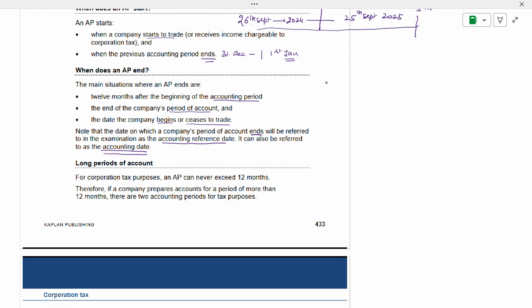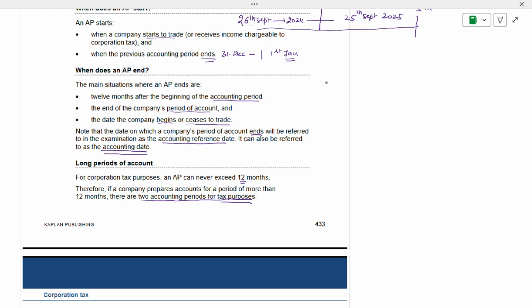What is a long period of account? For corporation tax purposes, an AP can never exceed 12 months. Therefore, if the company prepared accounts for a period of more than 12 months, it has two accounting periods for tax purposes only.